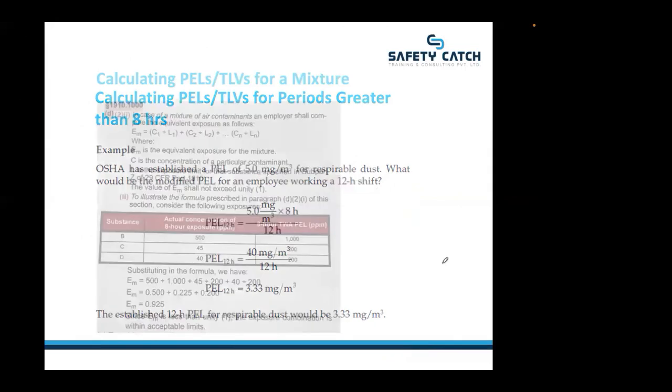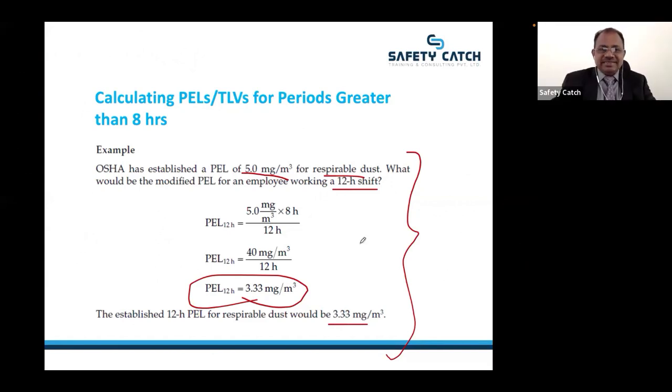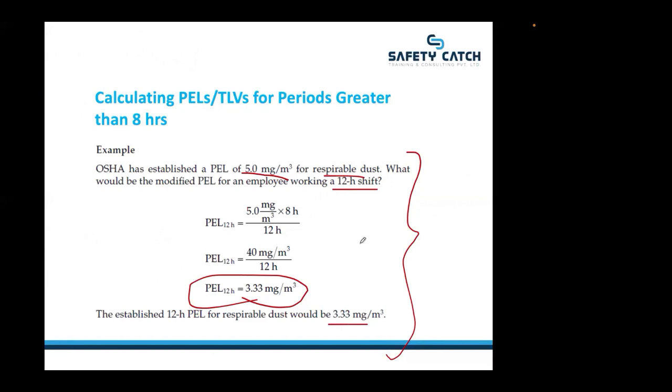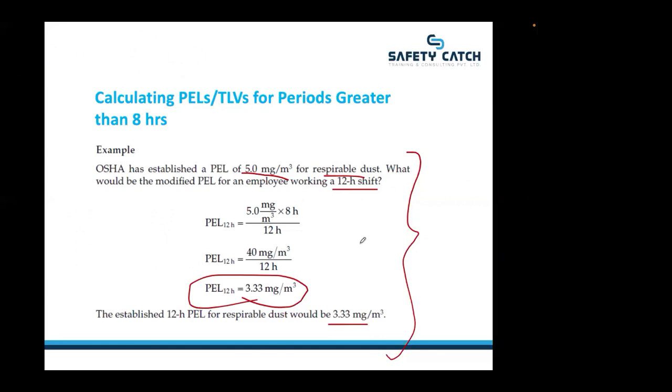Sir, I remember there is another method called the Brief and Scala method. So many methods are there. We are teaching the simplest methods to find the TLVs. Correct. That is also another, because it gives the reduction factor for the exposure of the employee at the workplace.